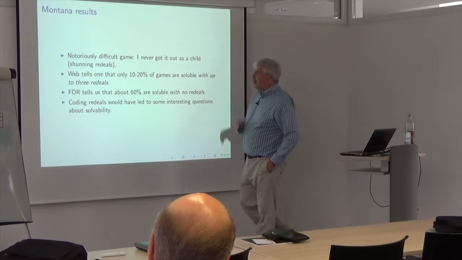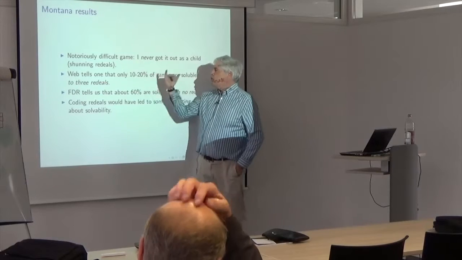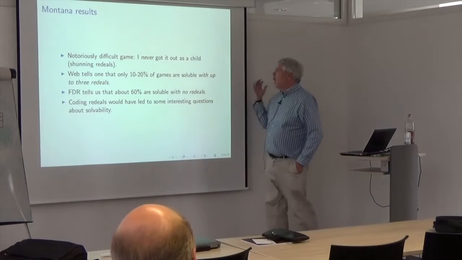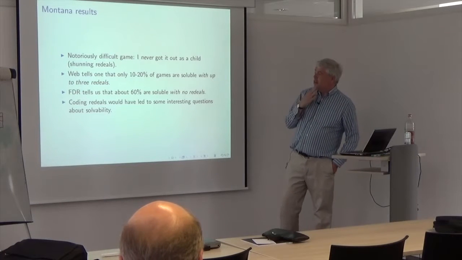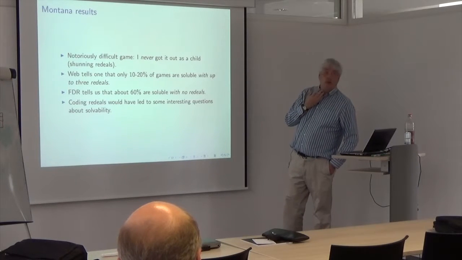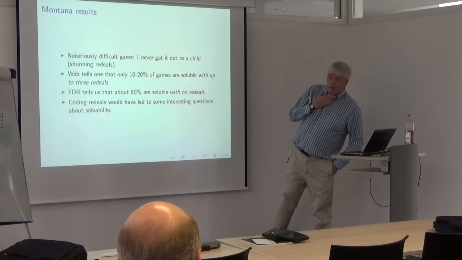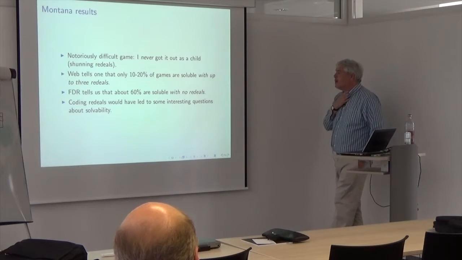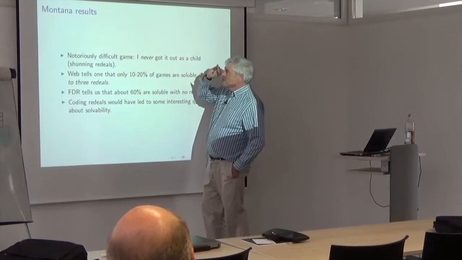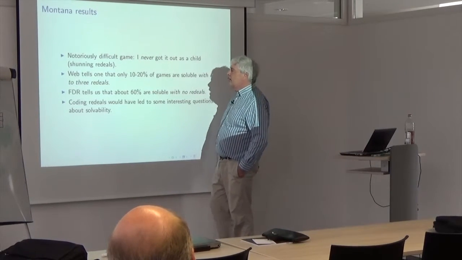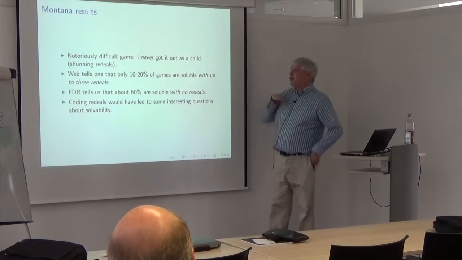But the web, if you look at it, tells you that only 10 to 20% of games are soluble, even with up to 3 redeals, whereas my models in FDR tell me that about 60% are soluble with no redeals at all, which I found really interesting. Maybe you don't, but I, who had sweated over this game as a child and never got it out, was amazed to discover this result.